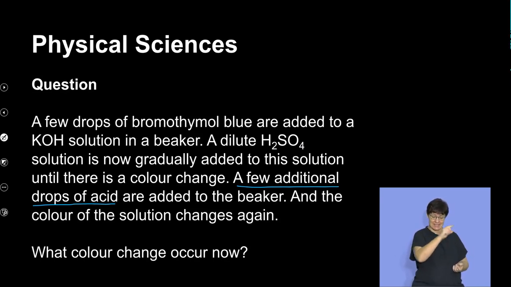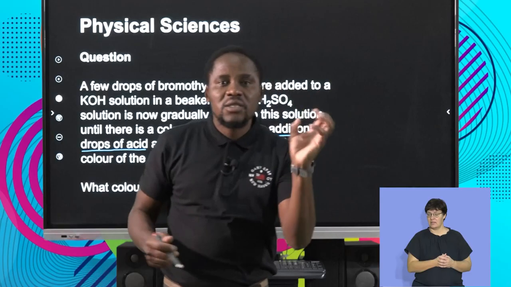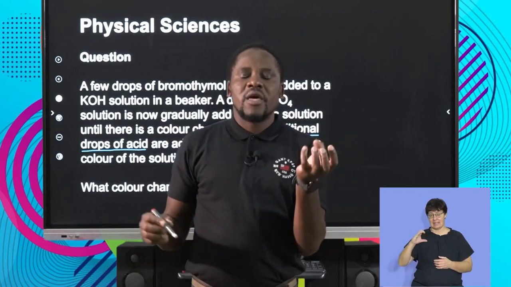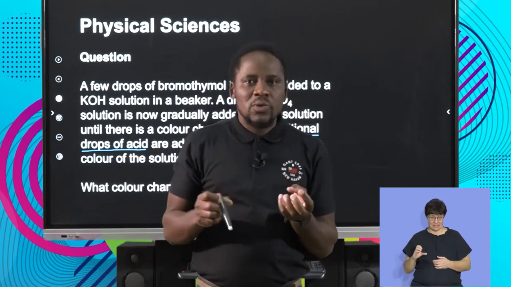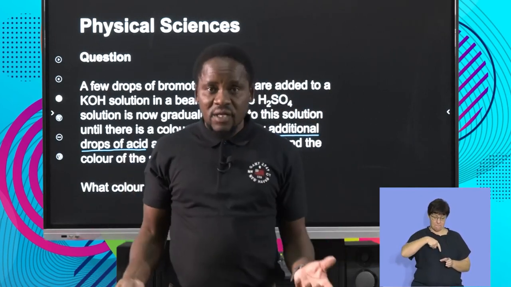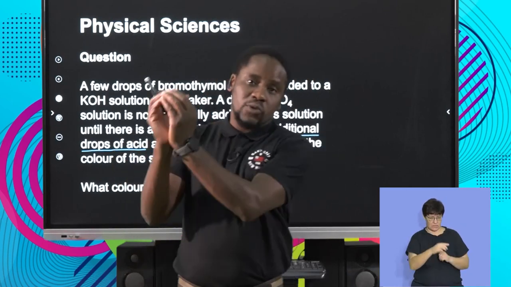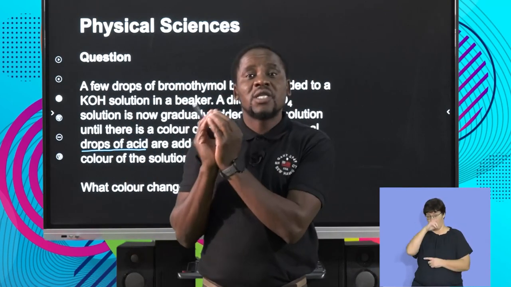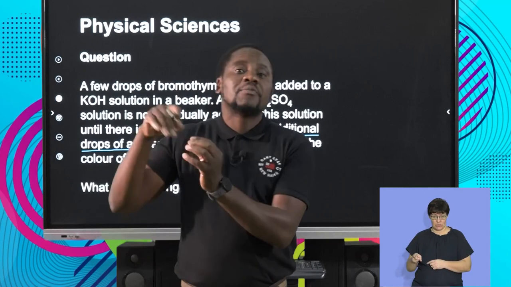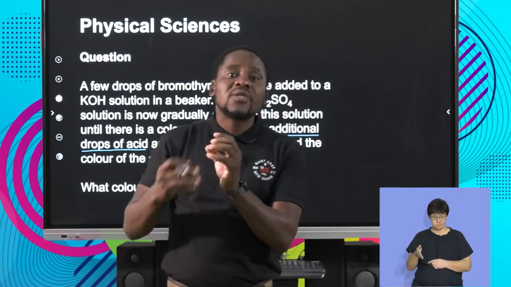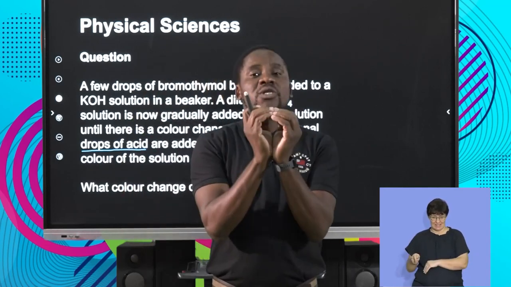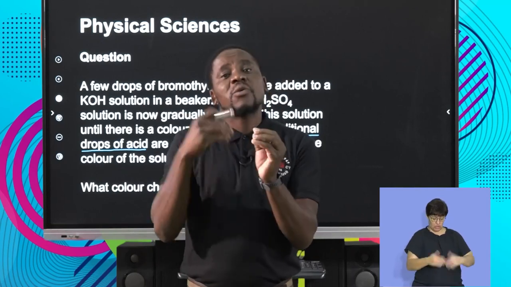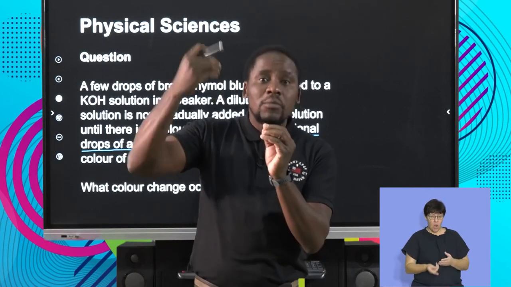Now we have to go back and say, if you have an acidic solution and there is bromothymol blue, what color is going to be observed? Remember, we started with blue, which was the color of the indicator, bromothymol blue, in the presence of a strong base. When neutralization occurred, the solution turned pale green. But then the question says we kept on adding more and more acid.